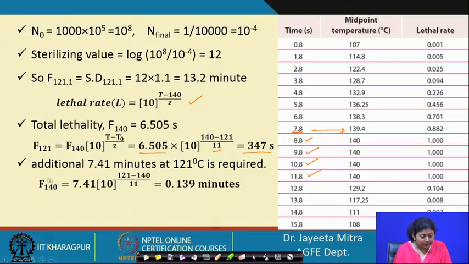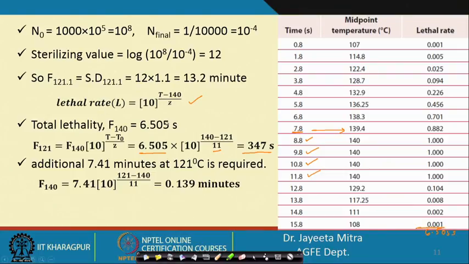So, at 140, the process time for 7.41 minute at 121 degree will be 7.41 into 10 to the power (121 minus 140) by 11, that is 0.139 minute. So, what we have done: first we calculated the total lethal rate at 140 degree, then this much lethality at 140 degree is equivalent to how much at 121 degree.